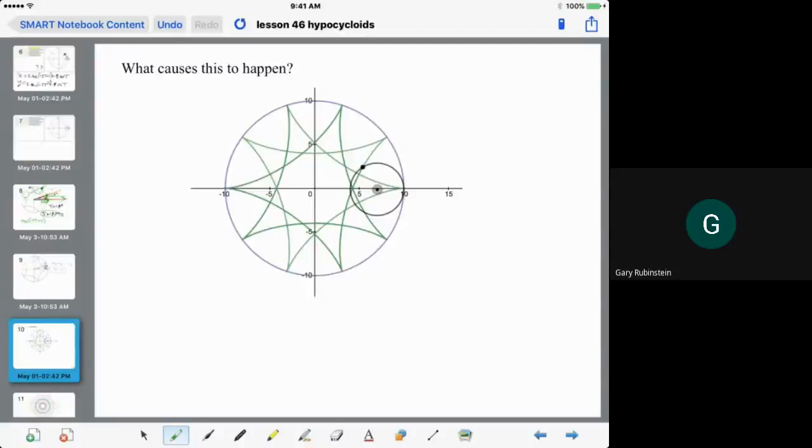What causes this cool star thing to go on? When does that happen? Or when doesn't that happen? When does it overlap itself when you go around more than once?